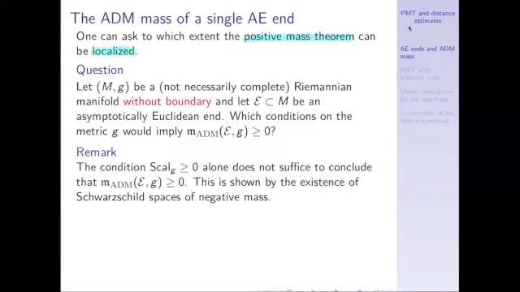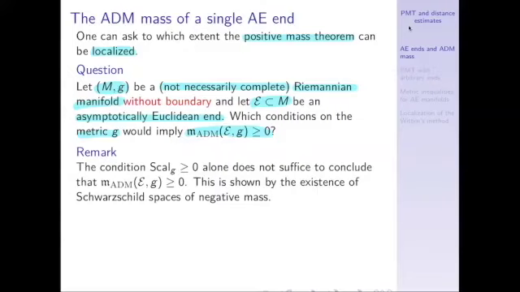So in other words, in this talk, I want to discuss the following question. Suppose that M is a not necessarily complete Riemannian manifold without boundary, and suppose that E is an asymptotically Euclidean end. Now, which conditions on the metric g would imply that the ADM mass must be non-negative?